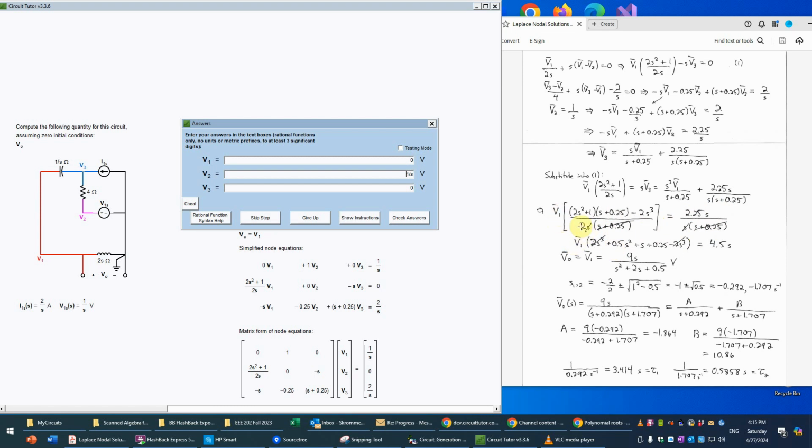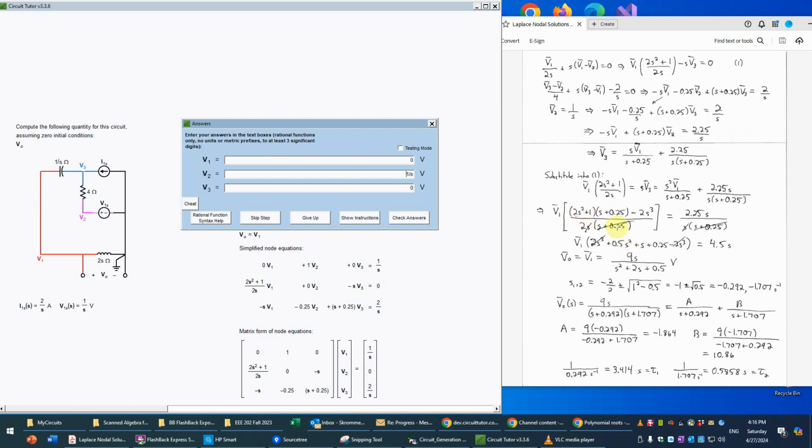Now I need to multiply this out, since this is one case where you do want to distribute in. Normally the goal is to factor, but if you're adding polynomials, you do need to distribute in so that you can simplify. Multiplying this out, we have the 2s squared times s is 2s cubed. Then the 0.25 times 2s squared is 0.5 s squared.